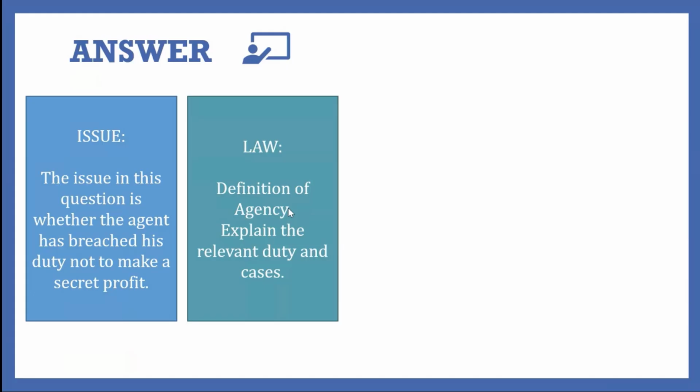On top of the civil remedies, because secret profit is a form of a crime, it's also a form of corruption. So the principal can also take legal action for the crime that has been committed by the agent. He can lodge a police report causing the agent as well as the third party to be charged for corruption, and also explain the consequences.